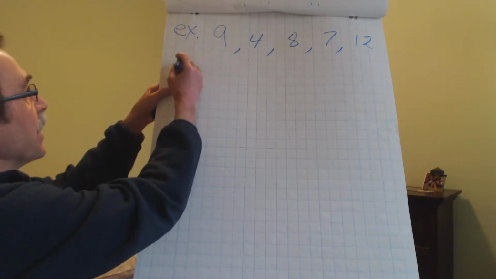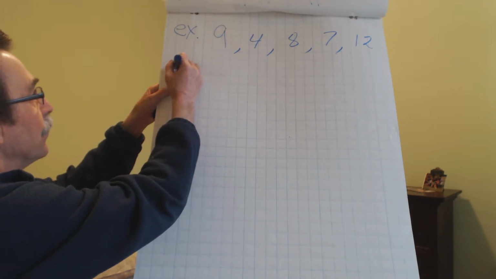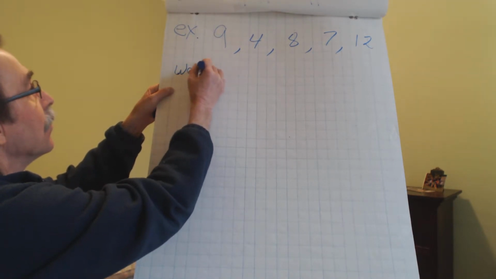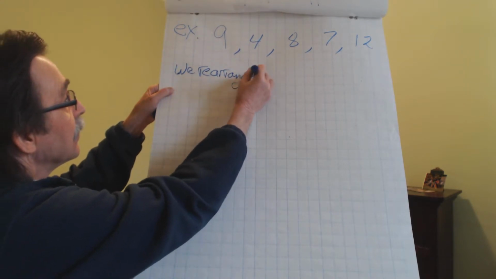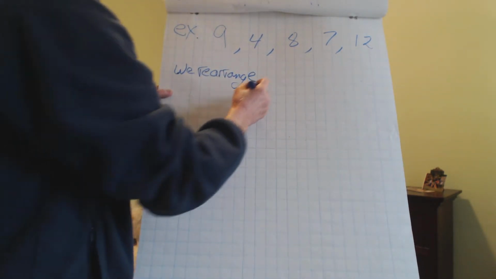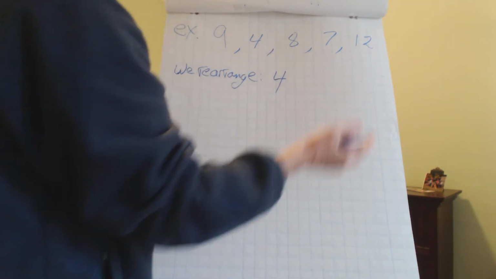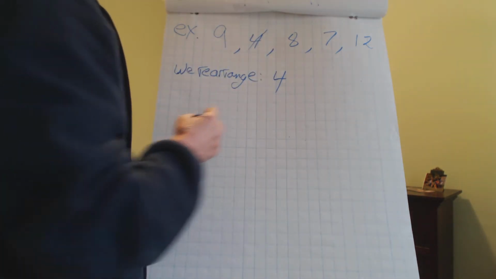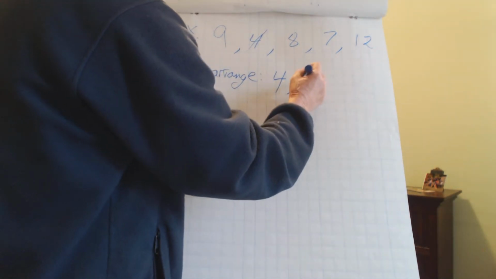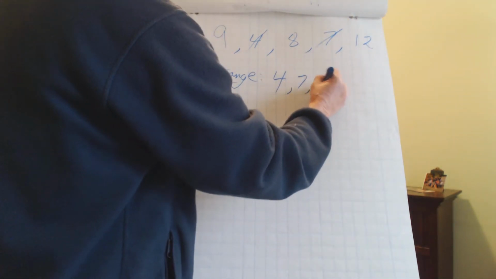So we rearrange, okay? And we get 4. Now as I'm rearranging, I'm just going to cross them out like that. 7, 8.